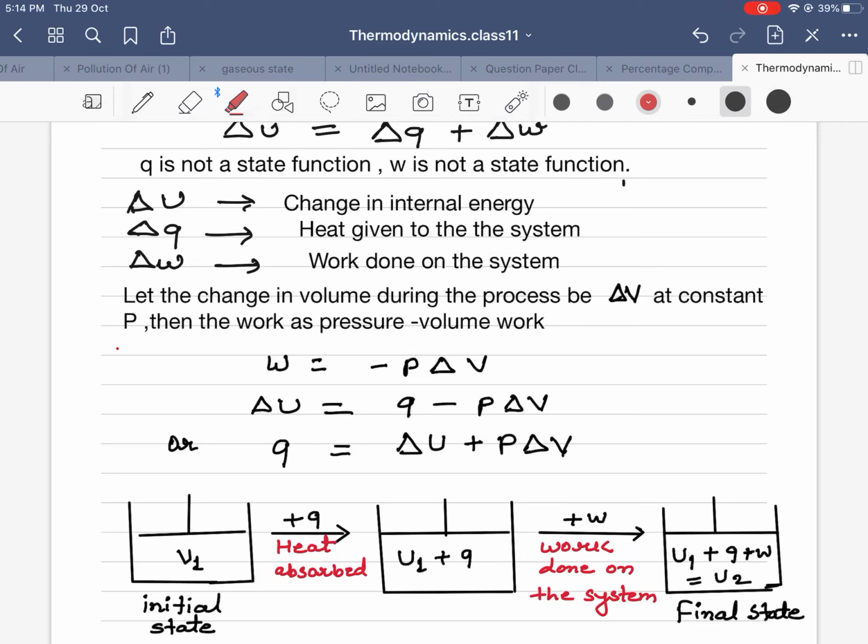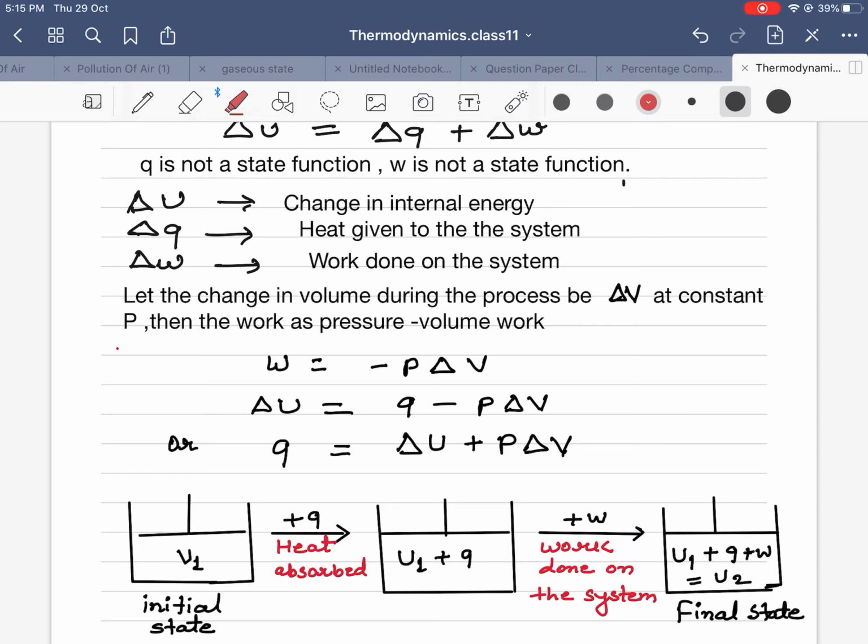And if the work done is the work of expansion, then W is equal to minus P delta V, where delta V is the change in volume and P is the external pressure. Then the equation would be delta U is equal to Q minus P delta V, or Q is equal to delta U plus P delta V.